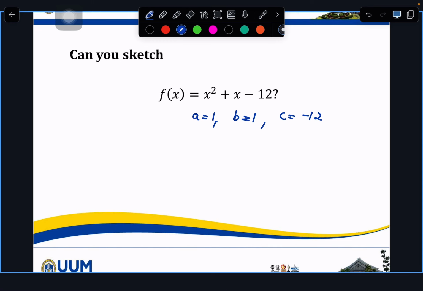Alright, so we have a equals 1, and obviously it means a is greater than 0. So if a is greater than 0, what is the shape of our graph? Senyum, a smile. Okay, this is our graph, something like this. Correct?